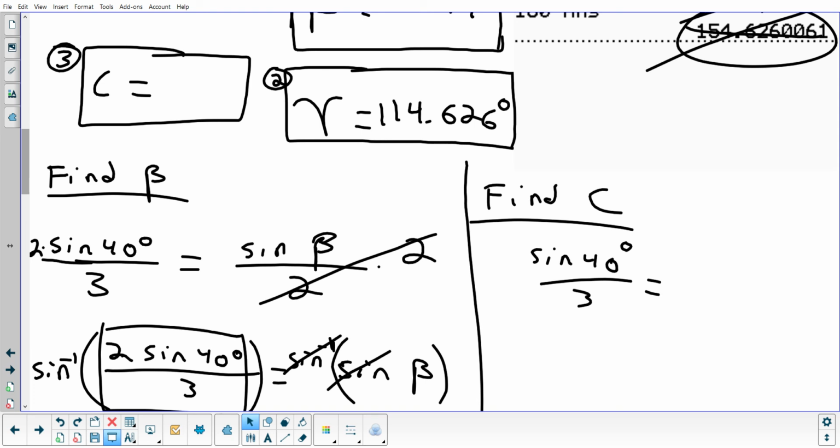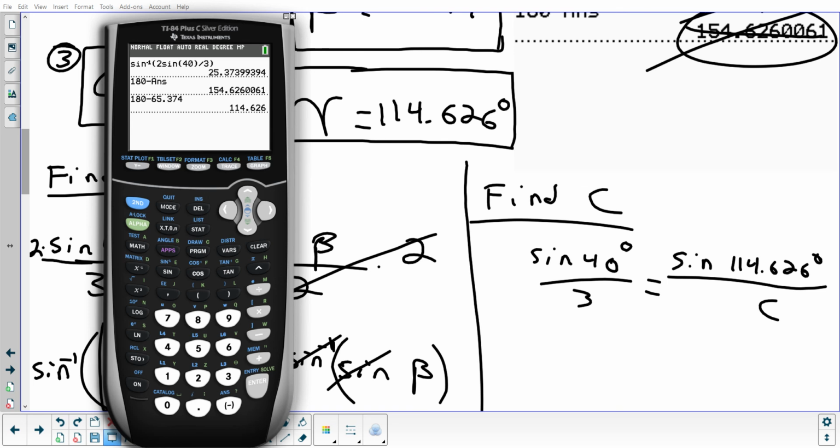Sarah? Sine of 114.626 over C. Yep. So when you cross multiply and get C by itself, you are going to have 3 sine 114.626, and you're going to divide that by sine 40. So you should get an answer for C of 4.243.